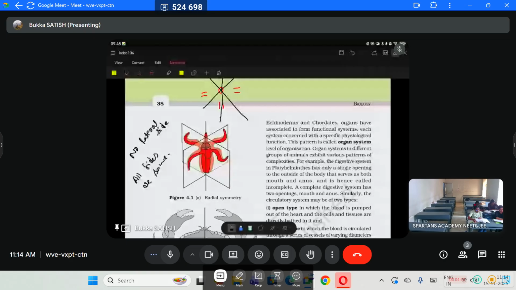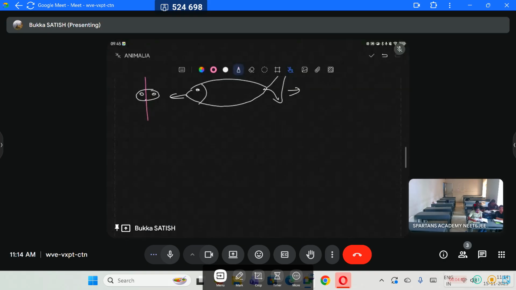But just for comparison, now if you see bilateral symmetry, you can imagine a fish which you are cutting into two halves. See properly: after cutting, this is the plane which you are using to cut. Got it now?